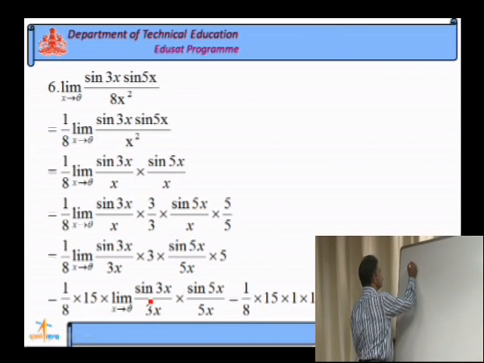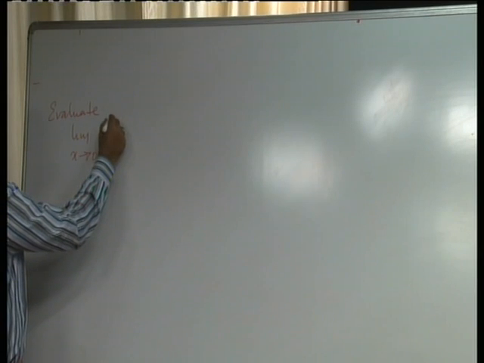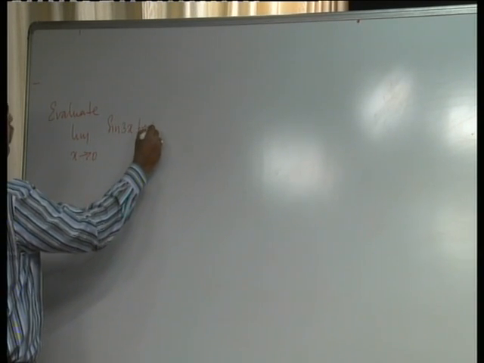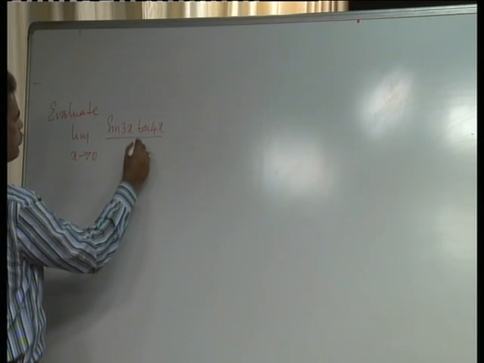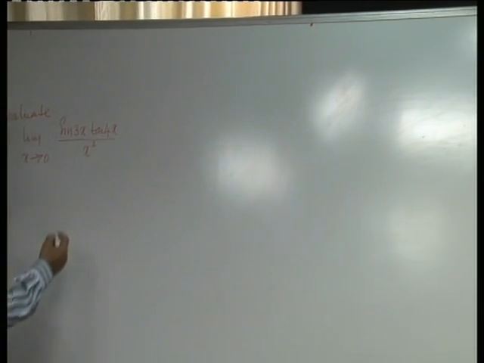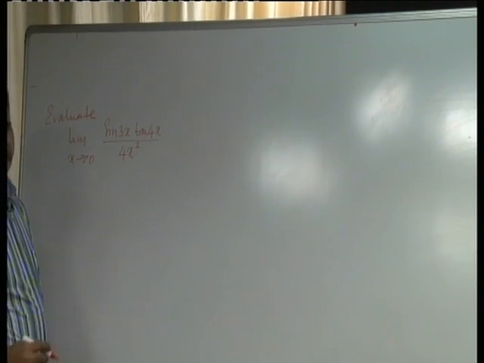Problem is evaluate limit as x tends to 0 sin 3x into tan 4x all divided by x square, or you can take any numericals also, 4x square like that.